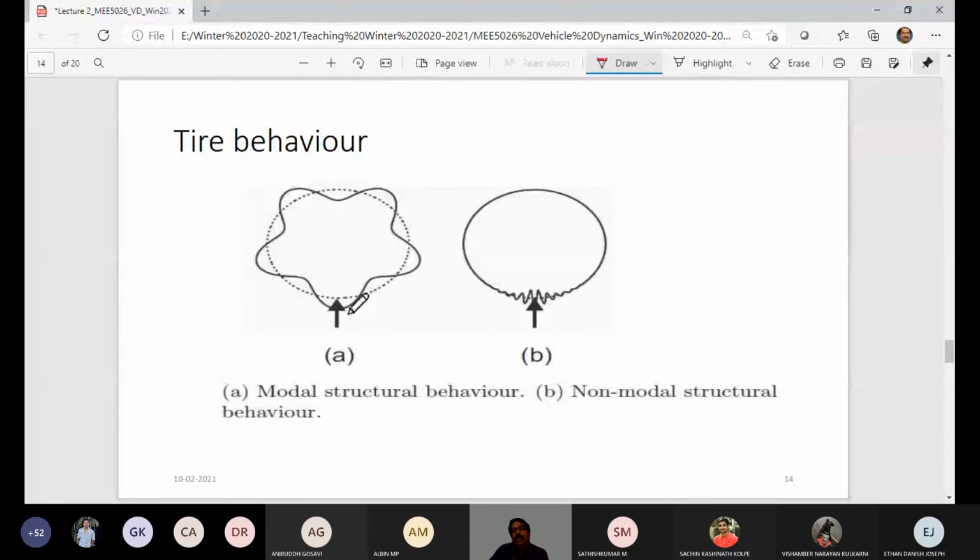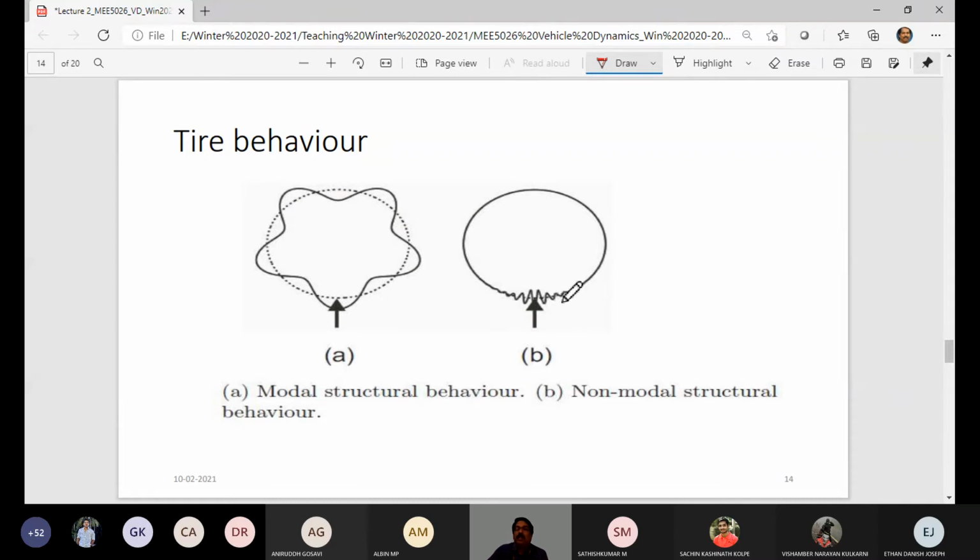You would also see there is a non-modal structural behavior of the tire under high frequency excitation. When high frequency is excited, you would see that there is local deformation, but that would die out. As I was telling you, this is rubber material with high damping property, so it would immediately die out at higher frequencies.